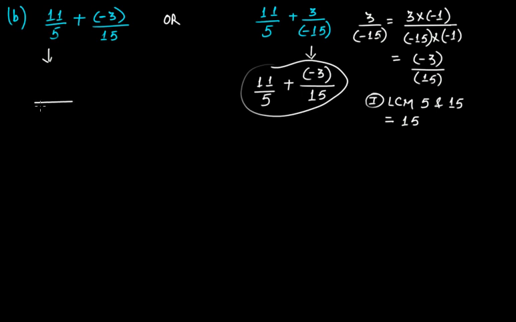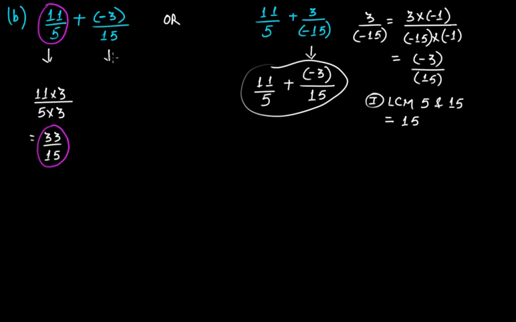So what number should you multiply 5 with such that the denominator becomes 15? Clearly with 3. So you have to multiply the numerator also with 3 and you get 33 over 15. Now this is an equivalent rational number of this rational number having the denominator 15.